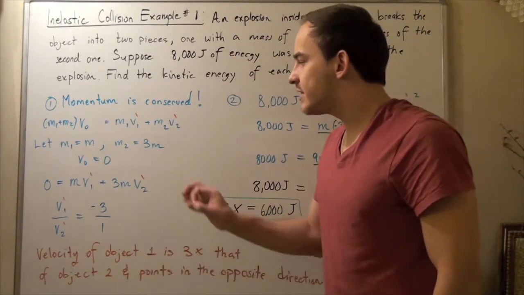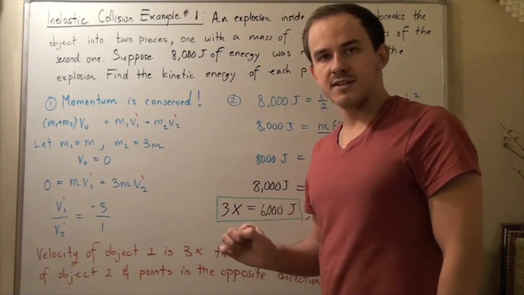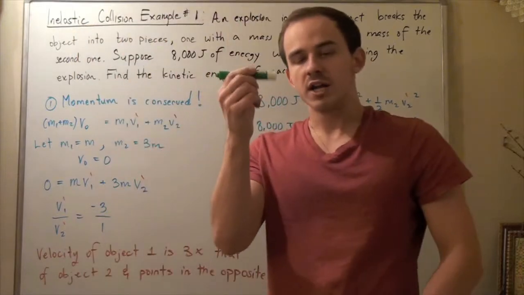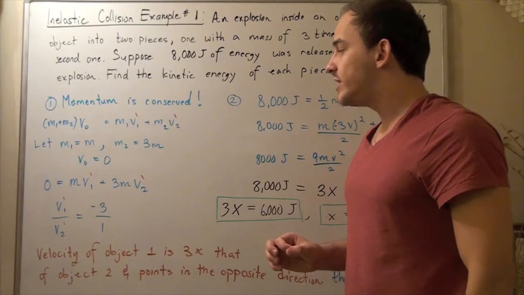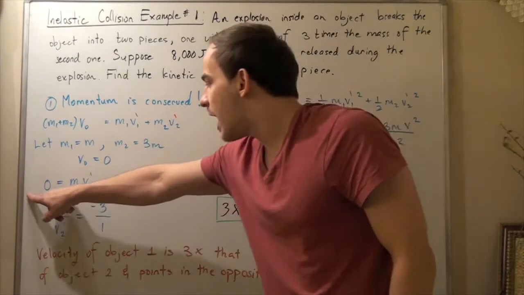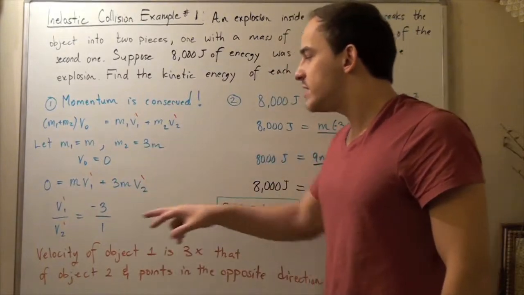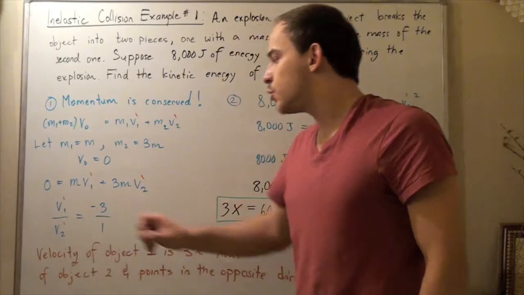So now we basically want to find the ratio of our velocities. So what's the ratio of the velocity of object 1 to the velocity of object 2? And the way we do it is simply we divide both sides by m to get rid of the m's, and then we simply solve for v1 prime divided by v2 prime.